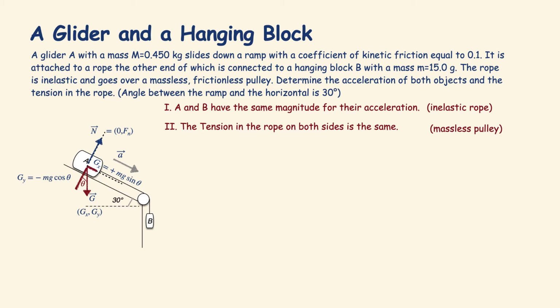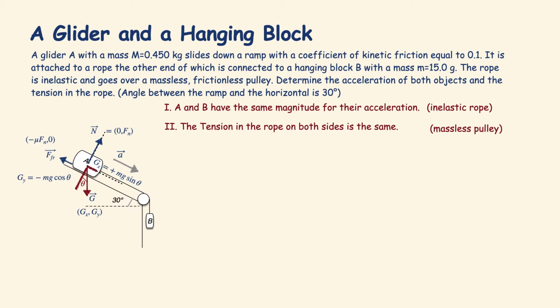So let's complete the free body diagram for the glider A. I will have a frictional force up the ramp. I will mark it as F friction, with components of minus mu Fn and 0. Remember, because the glider is sliding, we're working with the kinetic friction, and the magnitude of the kinetic friction is always equal to a fraction of the magnitude of the normal force.